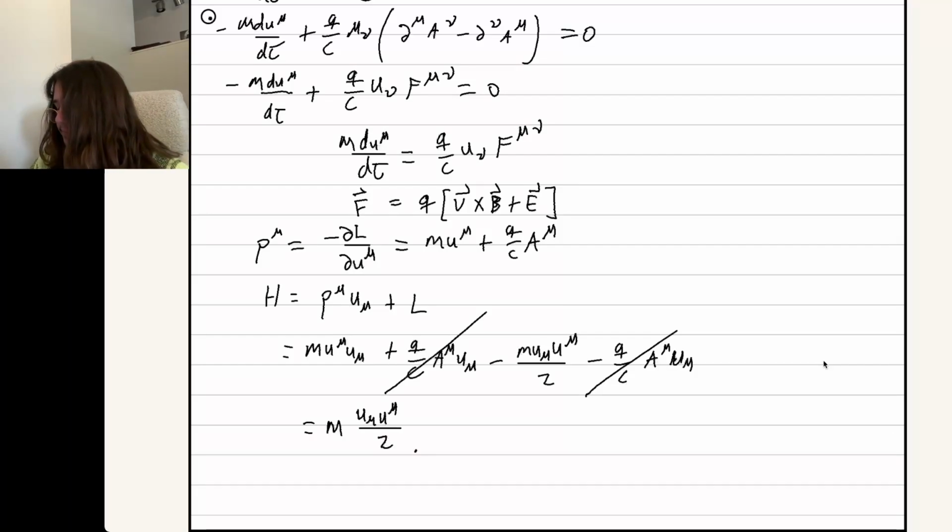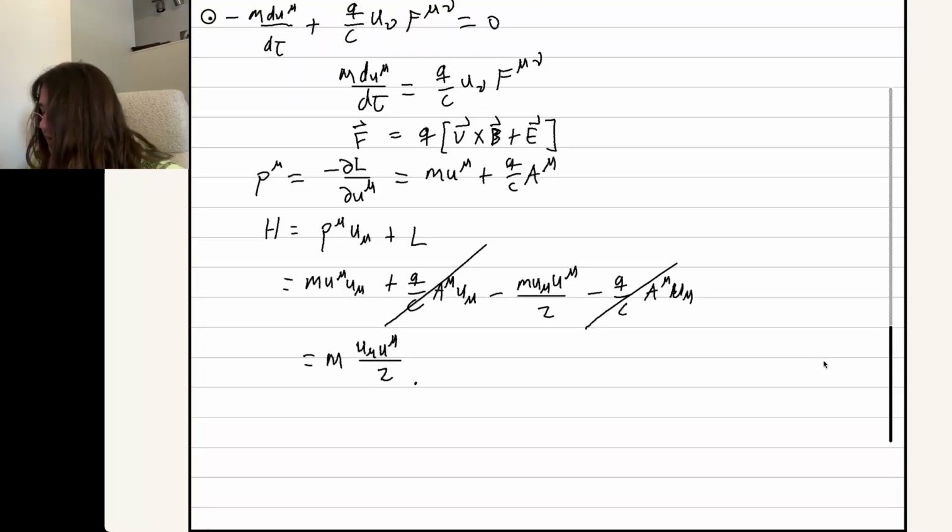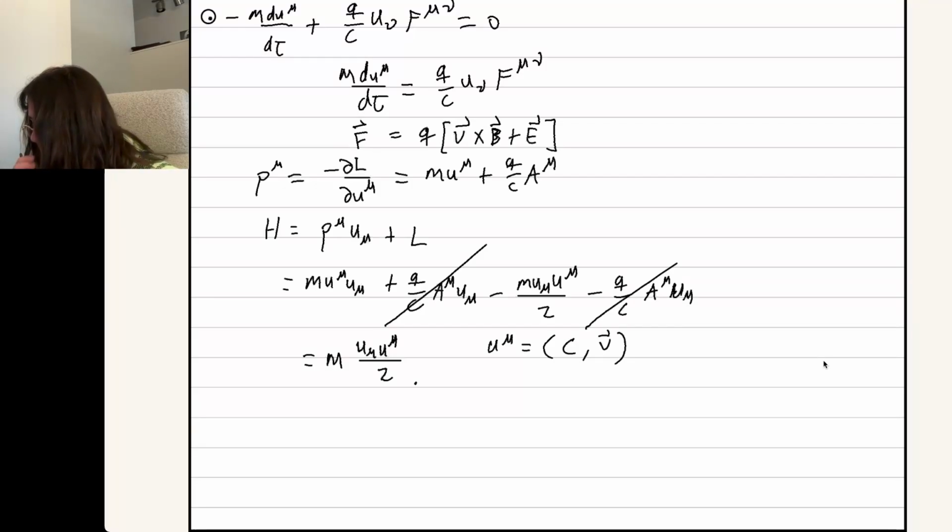Jackson also wants us to talk about the value of the Hamiltonian, I guess. We don't really know how fast the particle is moving, actually. But we do know what the 4-velocity is going to look like. It's going to be c for the time component and v for the space component in a rest frame. If you do a Lorentz transformation of it, you get factors of gamma on these.